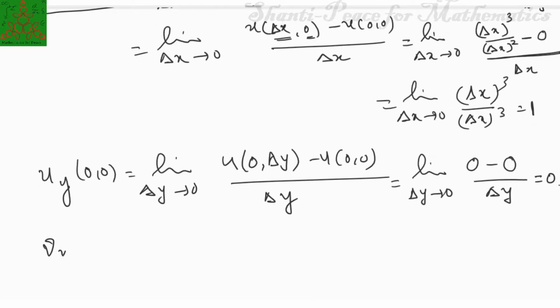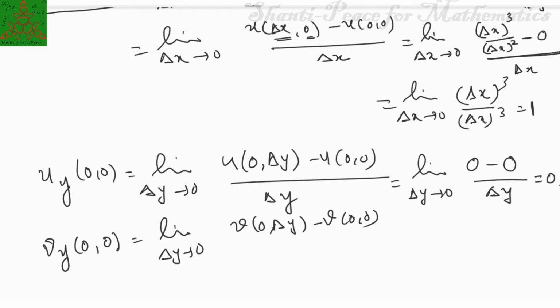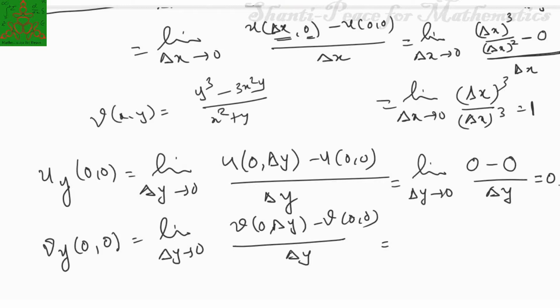Now let us calculate v_y at (0, 0), that is, the limit as delta y tends to 0 of [v(0, delta y) minus v(0, 0)] upon delta y. What we have calculated is v(x, y) equals (y cube minus 3x square y) upon (x square plus y square).